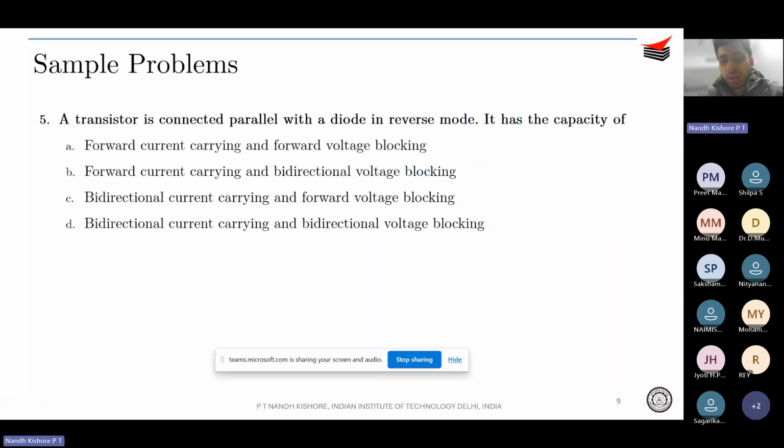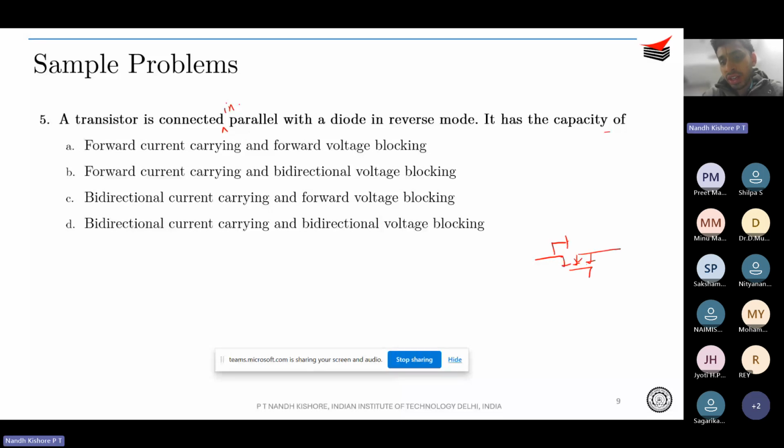Right. So a transistor is connected in parallel with a diode in reverse mode. It has a capacity of dash. Okay, so you have a transistor. Let's say that's a MOSFET.